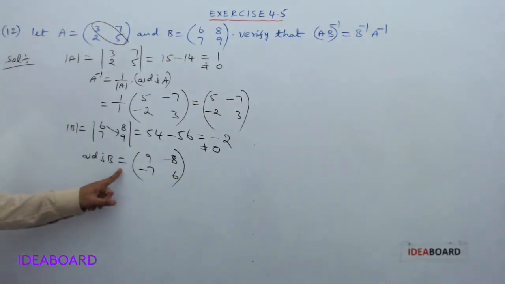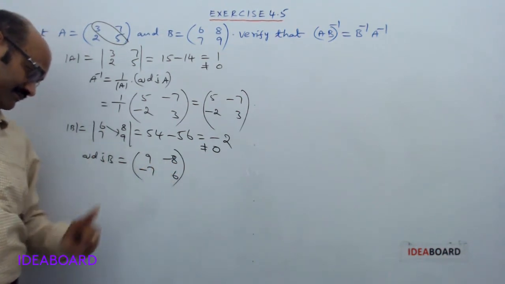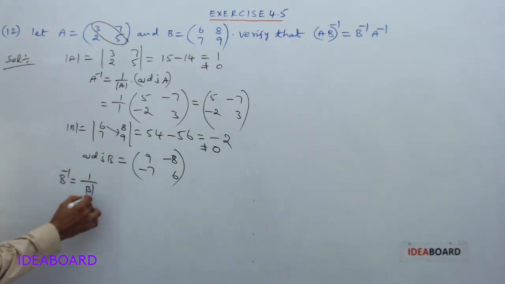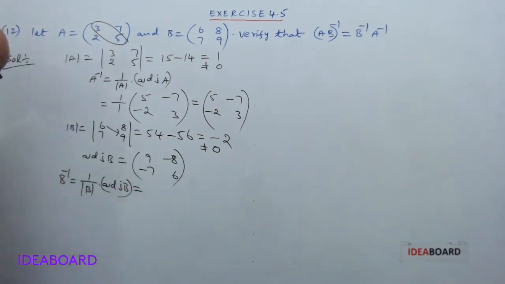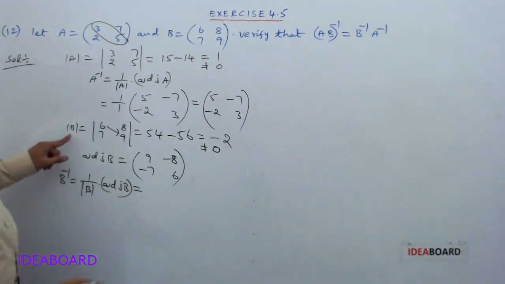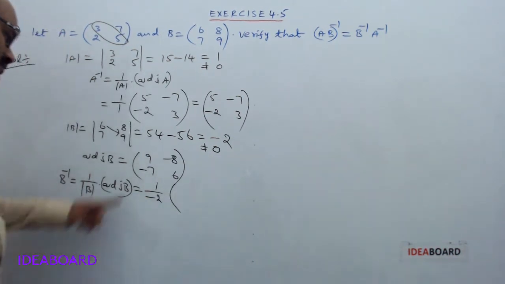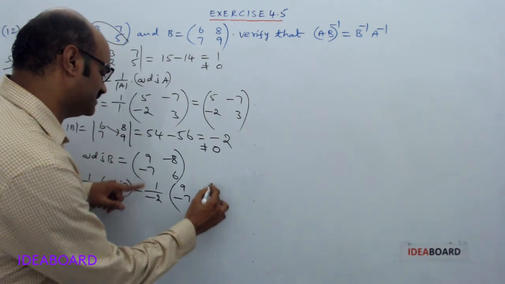So adjoint of B equal to 9, -8, -7, 6. B inverse equal to 1 by det B into adjoint of B, 1 by -2 into 9, -8, -7, 6.